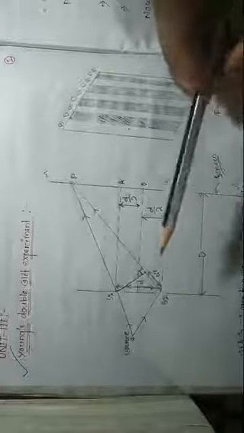From this arrangement, it has been found that this type of pattern has been formed on the screen. If these two slits or holes are here, and a screen is present at some distance d, then on the screen we get a bright fringe, then dark fringe, then bright, then dark, then bright, then dark.